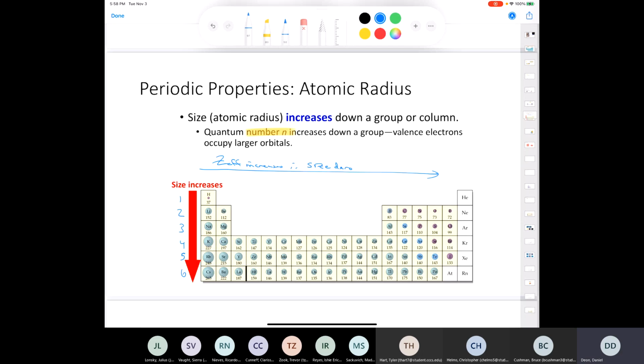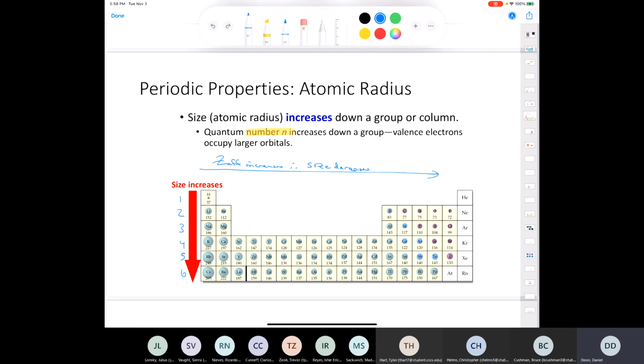And the last thing I'll leave you with this evening before we head out to the lab is that you probably noticed that there are some anomalies here, right? You might be thinking, well, come on, around the transition metals, I'm not seeing a big change here. Well, remember, if you read the introduction to this chapter, it's called Periodic Relationships Among the Elements.